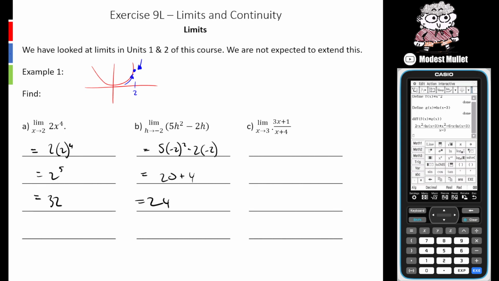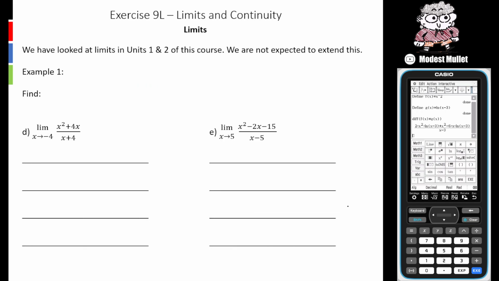We're just trying to find it as x approaches 3, so it's just a matter of simple substitution. It is equal to 3 plus 1 over 3 plus 4. 3 plus 1 is 4, times 3 is 12, over 7. And that's it. So there's a really quick refresher that we can solve limits just by substituting.